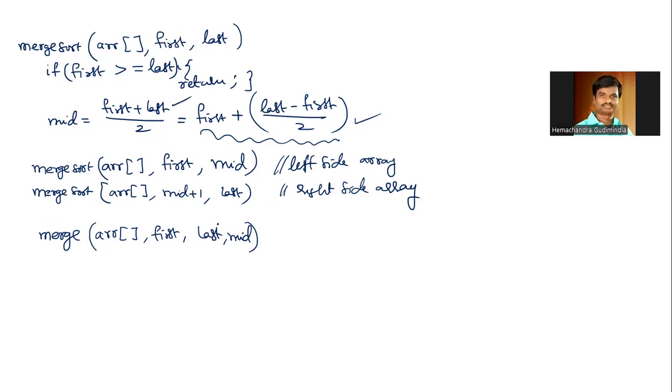These parameters are required when I am writing the code. So now this is one function. Inside the function, I will call this merge. Now what is the purpose of this merge? When I write here merge, with the same parameters: array of size n, first index, last index, and midpoint.